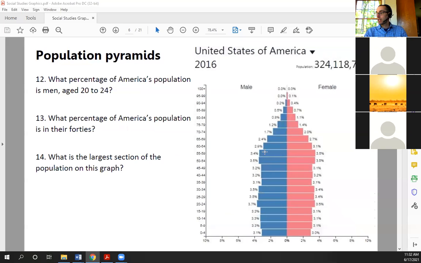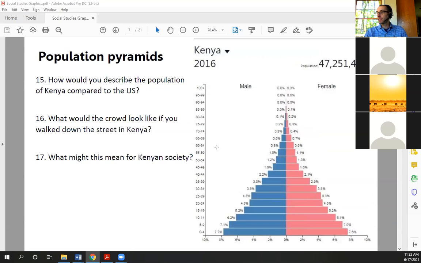We have a nice big healthy wide band at 50 to 59 in America, right? But 50 to 59 in Kenya is 1%. Look at this, compared to the United States. So maybe life expectancy is shorter, people die younger, and that could be for a lot of different things.